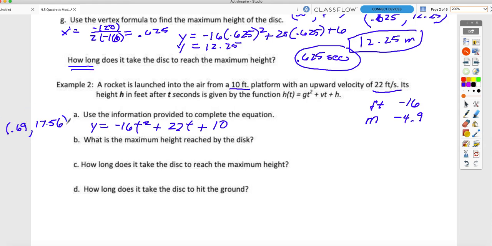Okay, this is an x, this is a y. If we looked up there, we went through this whole thing, and we know that this is seconds, and we know that this is feet.